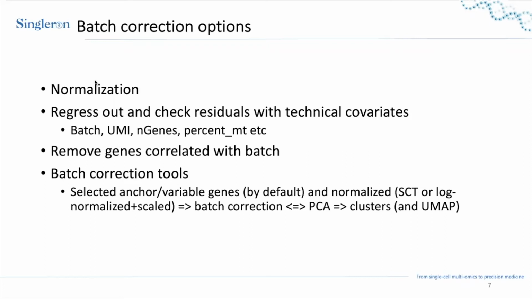There are also other methods like regressing out and checking residuals with technical covariates, or removing those genes that correlate with batches.